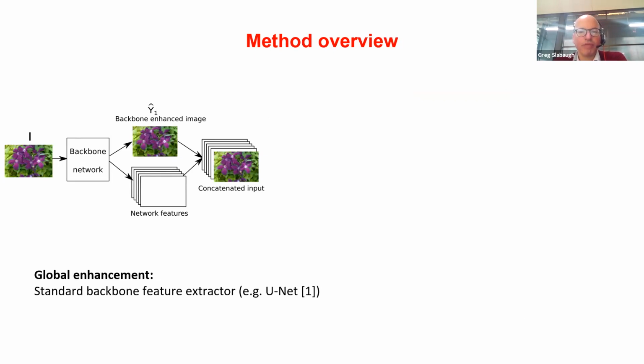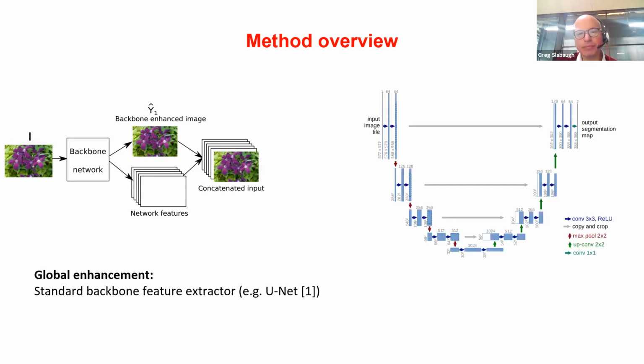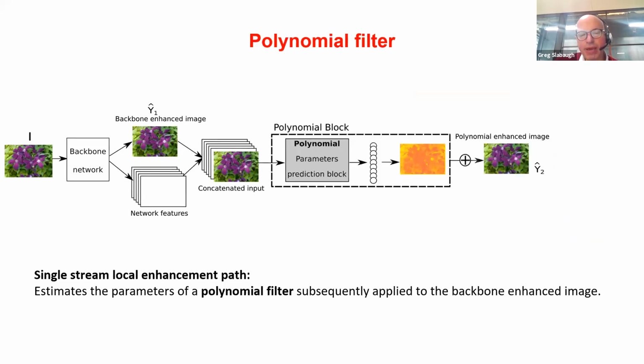So let me just describe briefly how this method works. Similar to CURL, we put the image through a backbone network, which in this case really is a UNet, and we extract a number of features through this process. Then we have what we call a polynomial block, which estimates a polynomial function, designed to mimic the brush tool in Photoshop.